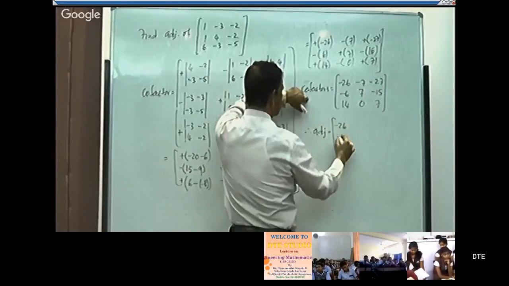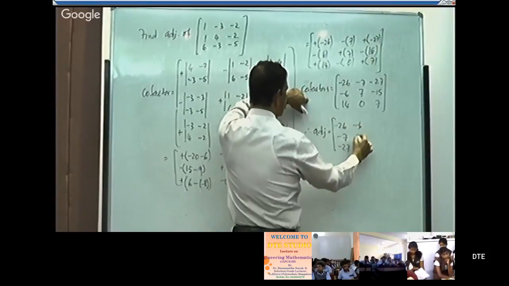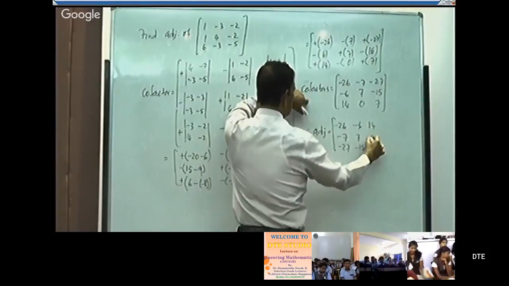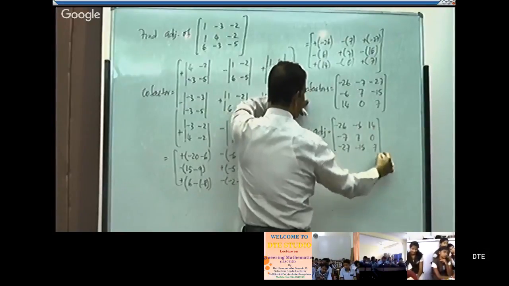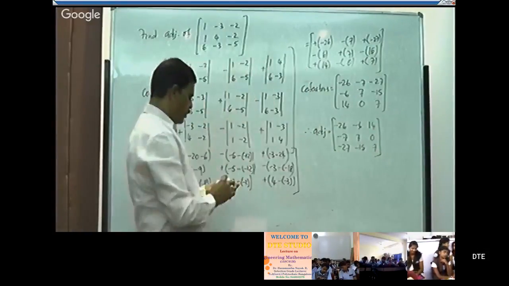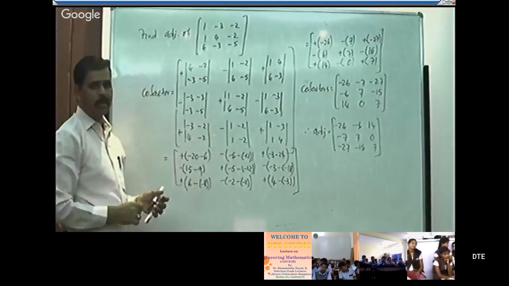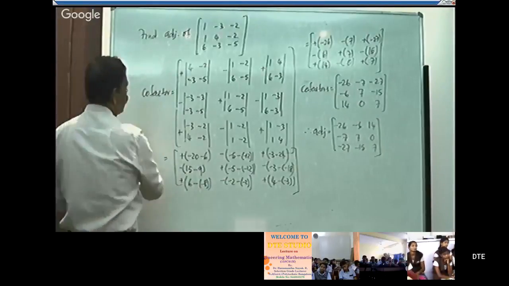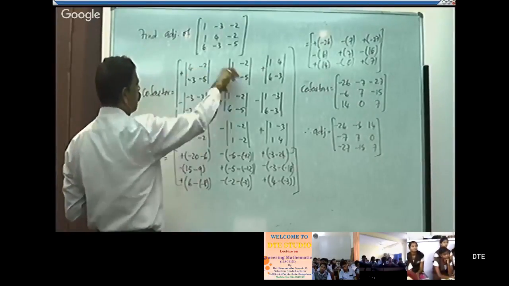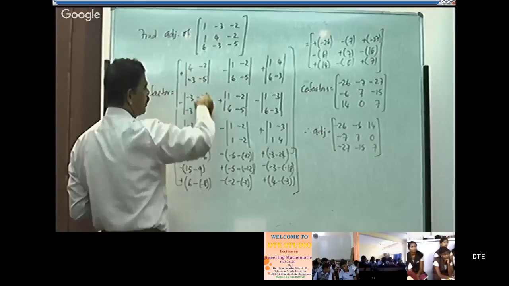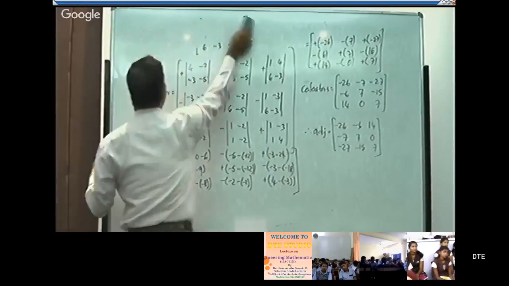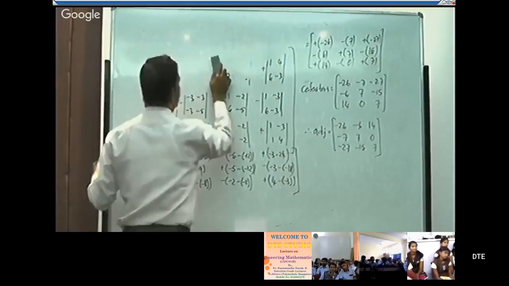Minus 26, minus 7, minus 27, minus 6, 7, minus 15, 14, 0, 7, which is the adjoint of the 3 cross 3 matrix. Take utmost care while taking multiplication or expanding the determinant along with the sign. Sometimes it goes wrong.